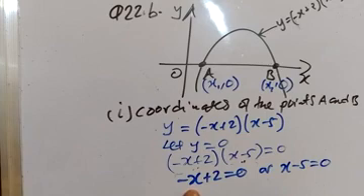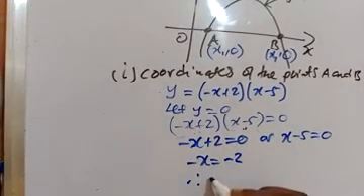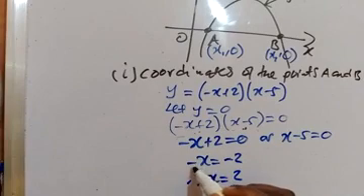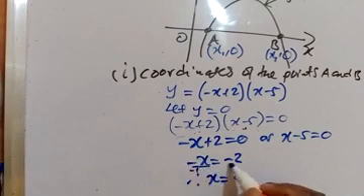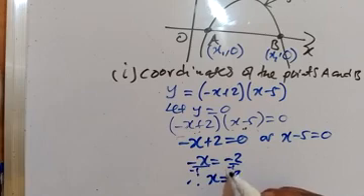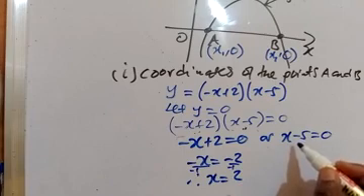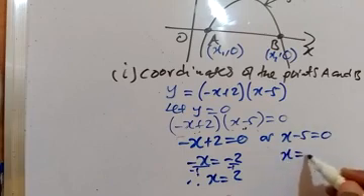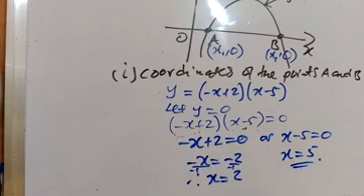This 2 will cross the equal sign, giving negative 2, and therefore x equal to 2, because you divide by negative on both sides, and the negatives cancel, leaving a positive. Then here 5 will just cross, giving positive 5. Therefore your answer is x is equal to 2 or x is equal to 5.